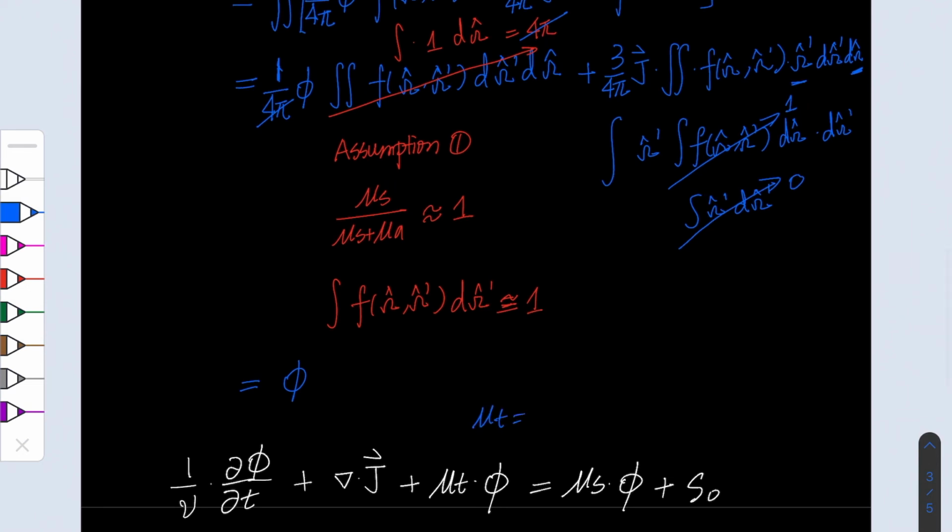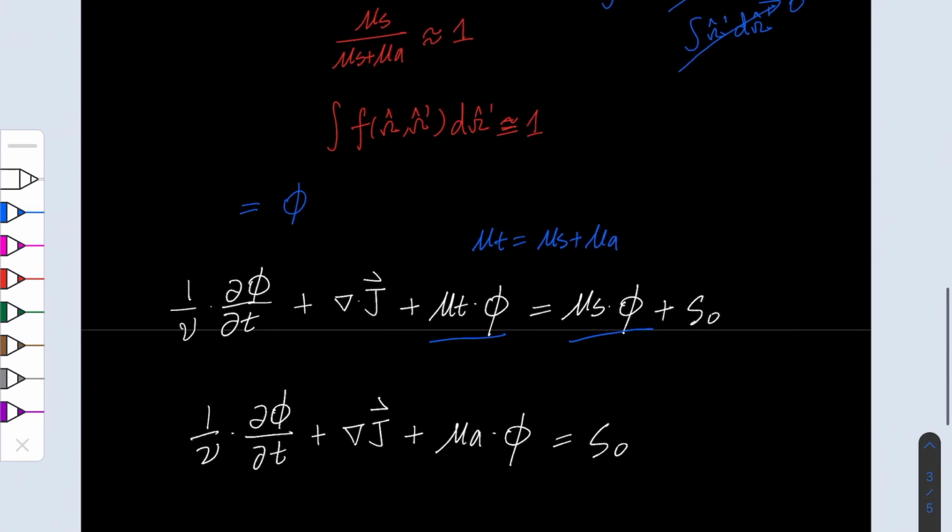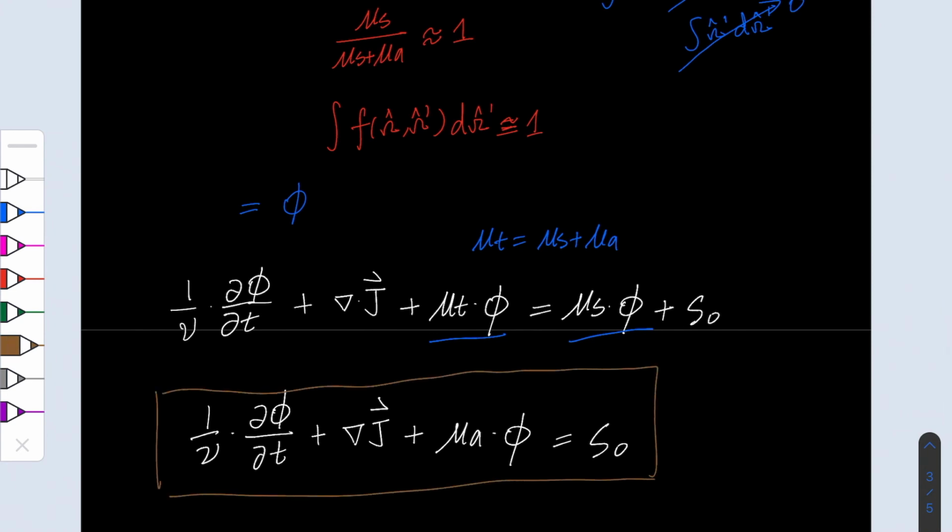Since mu t equals mu s plus mu a, we can further combine these two terms. That gives us 1 over v times the partial derivative of phi over t plus the gradient of j plus mu a times phi equals s0. This equation is the scalar part of our transport equation.